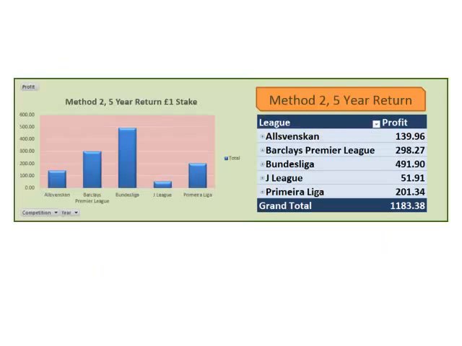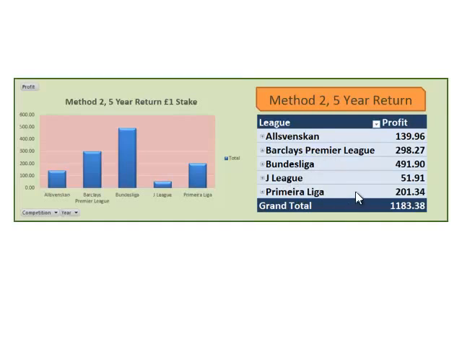Here we are with method 2, and once again you can see we've got 5 leagues. We don't have the English Championship League in method 2, but we still have 2 leagues playing out of season in the European off season, the Swedish and the Japanese, and then the Premier Division in England, Bundesliga in Germany, and Portugal.